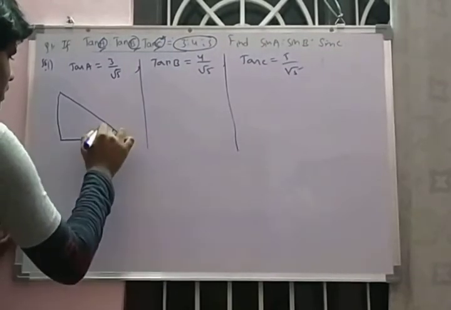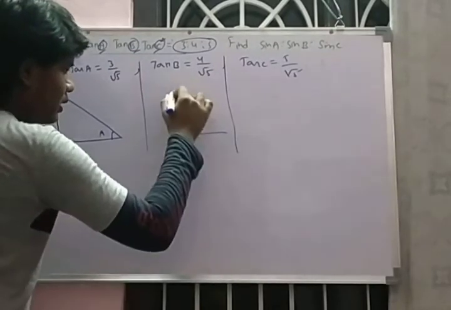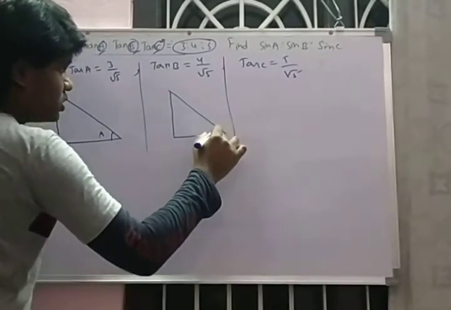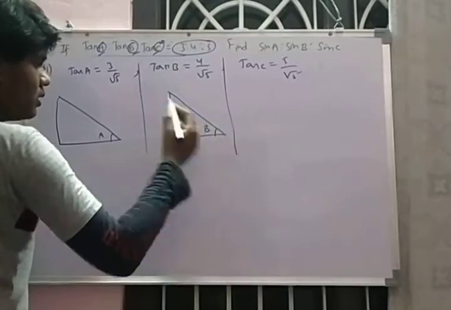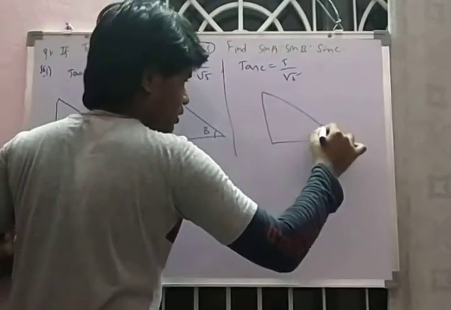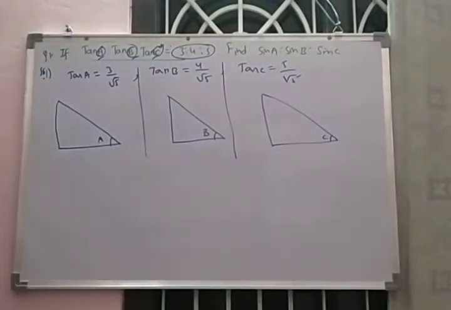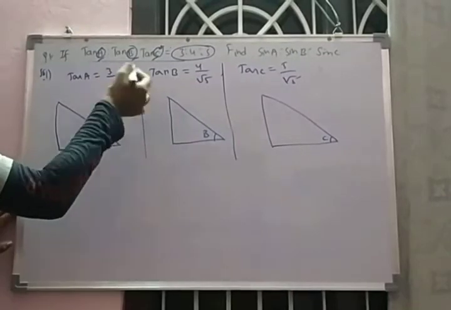So assume that this is angle A, and here also a right angle triangle, and assume that this is angle B, and here a right angle triangle with angle C. So now opposite side by adjacent side.